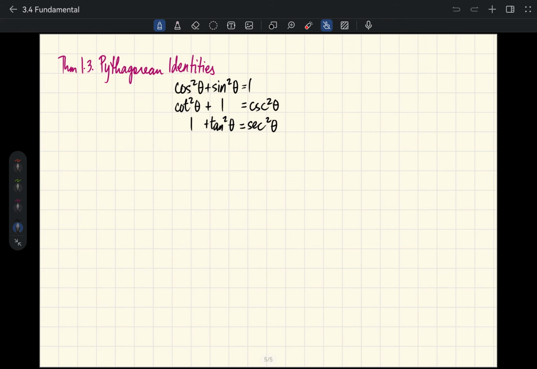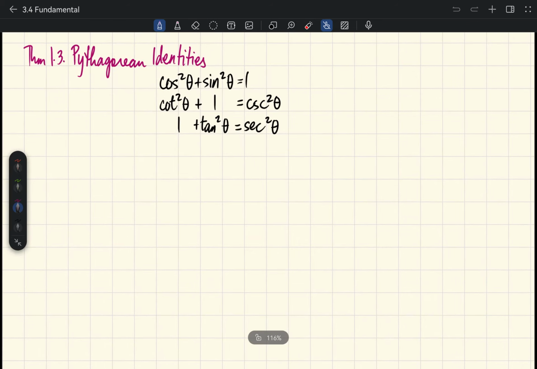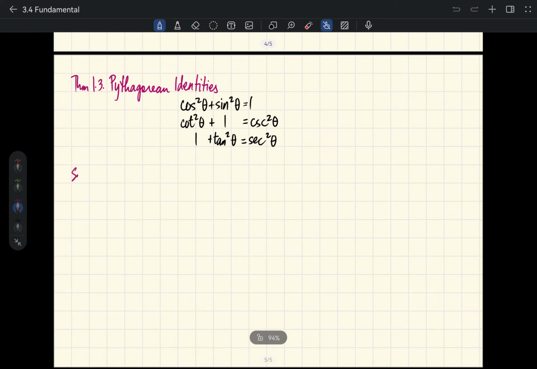So, before proving, I want to give some tips and tricks. First one, it's a good thing to start with the more complicated expression.